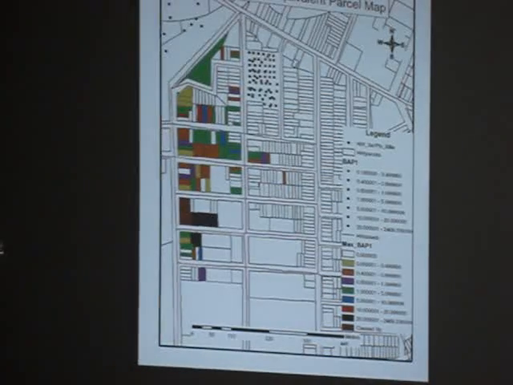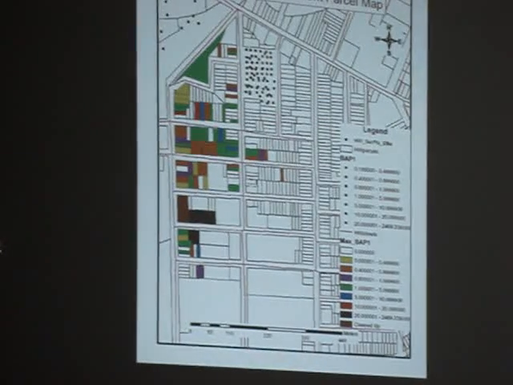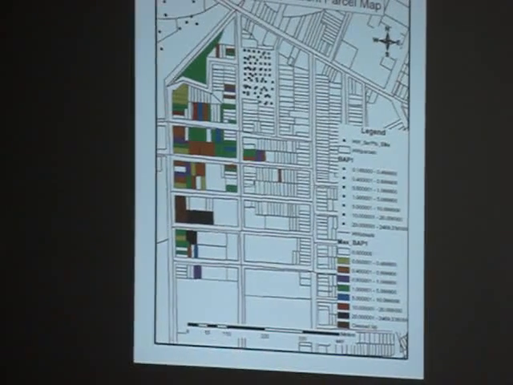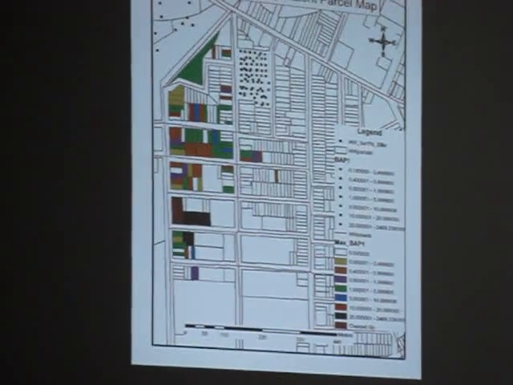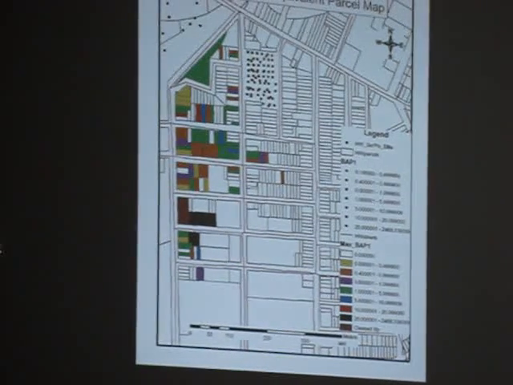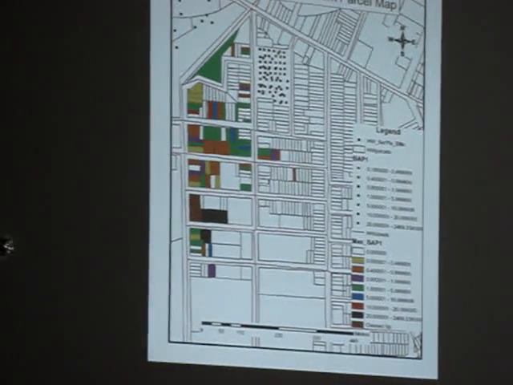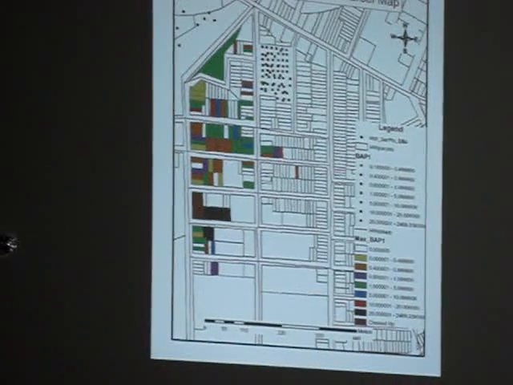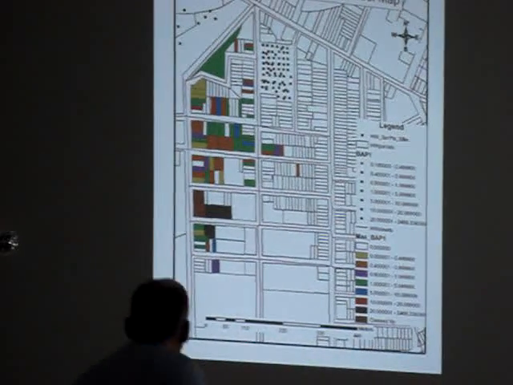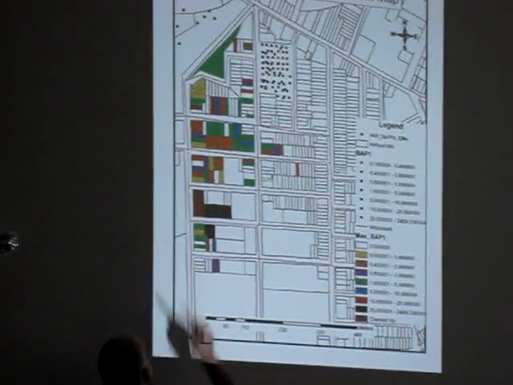Next slide. So here's a basic map of the neighborhood produced with the GIS analysis, and this is the maximum benzo(a)pyrene equivalent data, or the PAH data, from the Koch. Here are the 4 lots that were remediated, the brown areas.